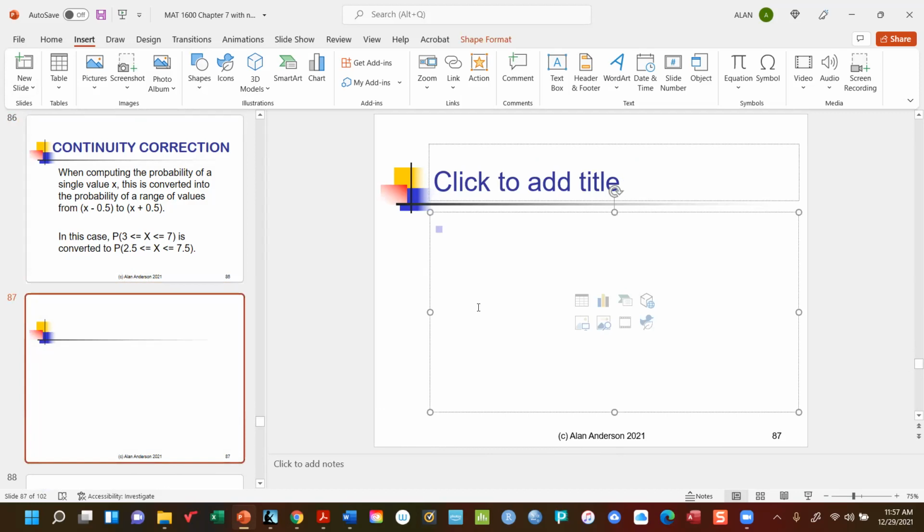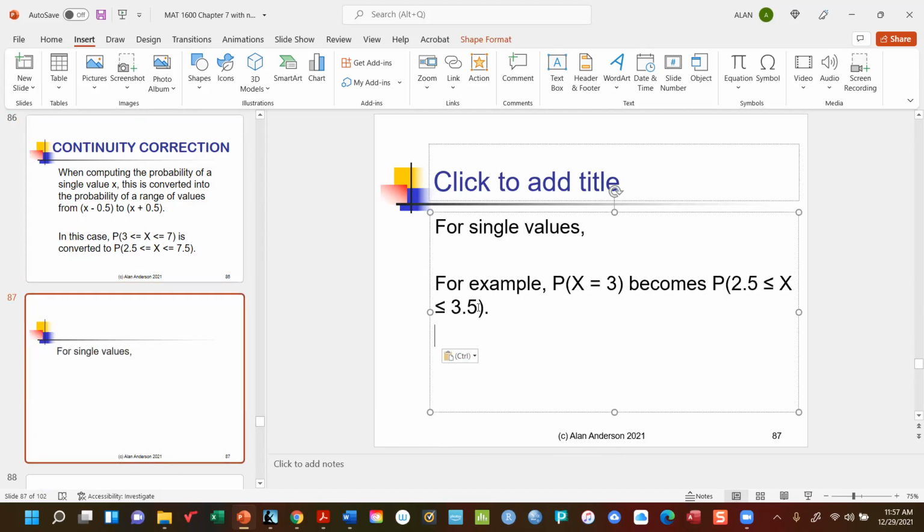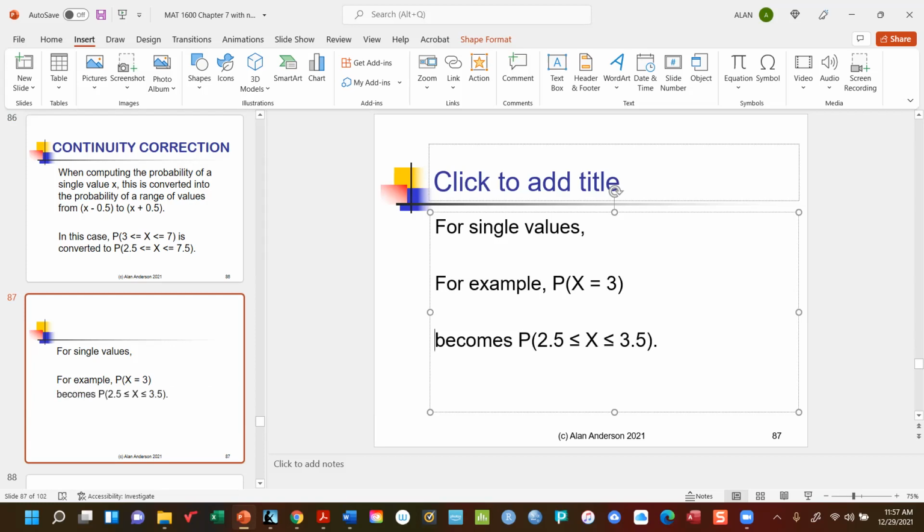All right. Now for single values, this is one of the awkward things about this approach. With a discrete distribution like binomial, we can calculate the probability that X equals 3. But we can't do that with a continuous distribution. So the way we work around that is to turn the single probability into an interval.